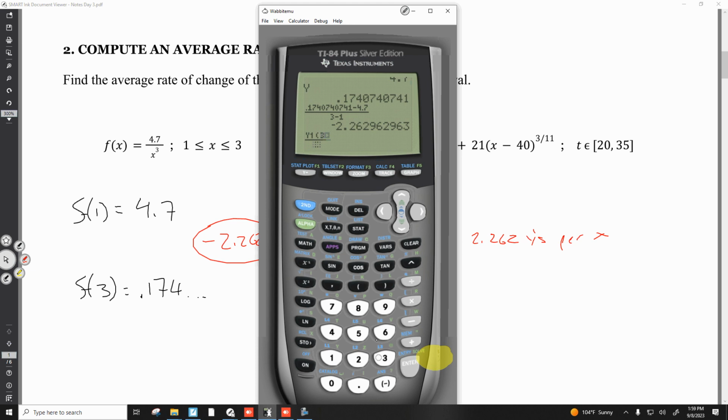Using parentheses, 3 actually plugs 3 into Y1 and gives you the Y value, minus Y1 with 1 plugged in, over 3 minus 1. Bam. If you alpha Y1 and use parentheses, it plugs in the value for you. It's just like using trace.